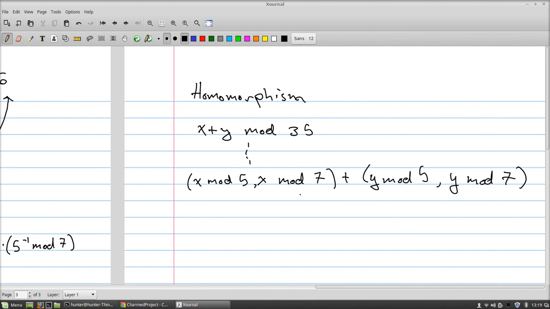And so you can evaluate this plus down in Z5 cross Z7, and it will be something.